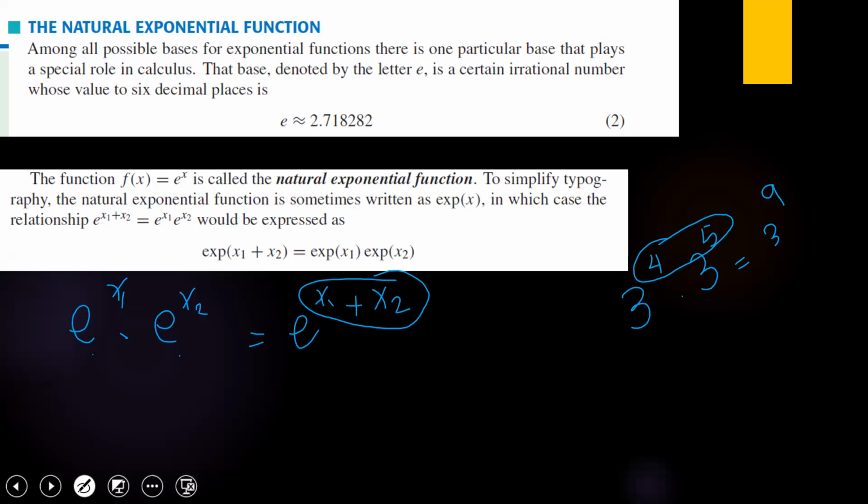E. E to the power 2 is 7.38. So when I ask you what is e squared, you will tell me that it is 7.38. If I ask you now e to the power 7, what is the value of it?